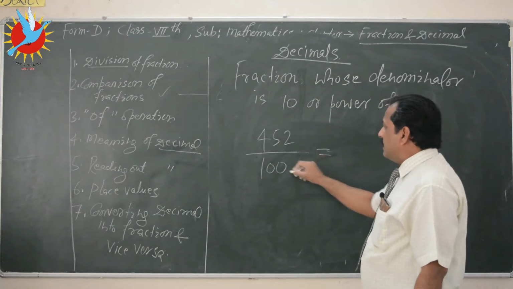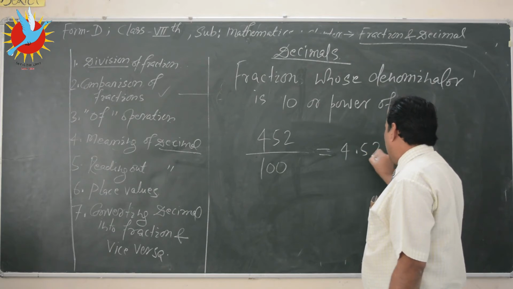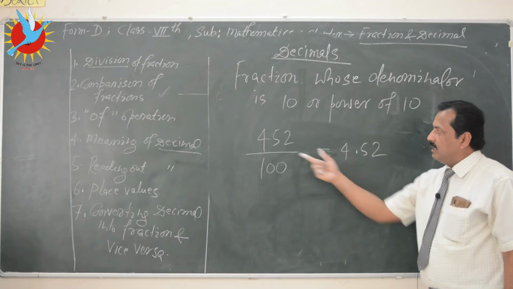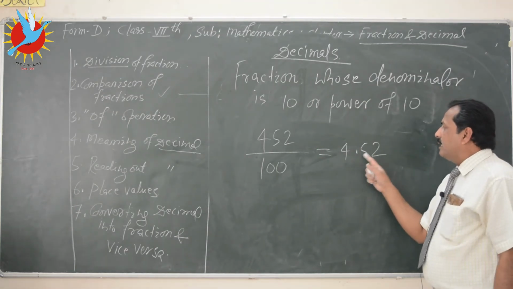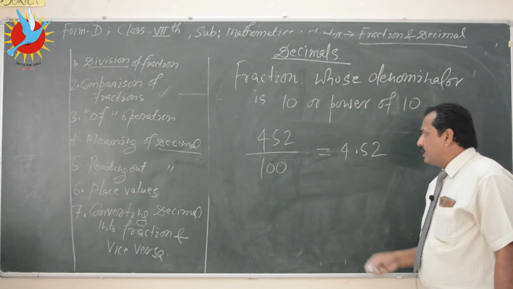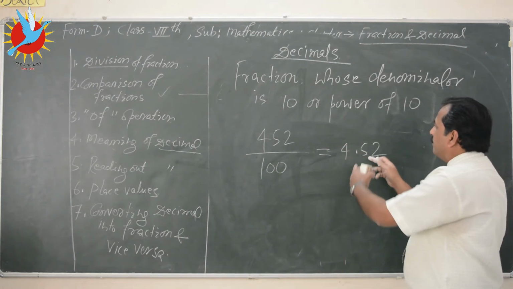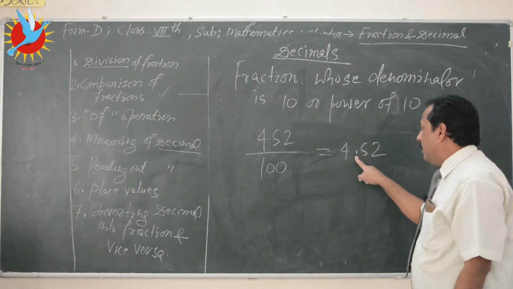This is the decimal form of this, 4.52. So how to read it? This is now a decimal number in place of this fraction, 4.52. So see, this is whole number and this is fractional part, and in between there is decimal.